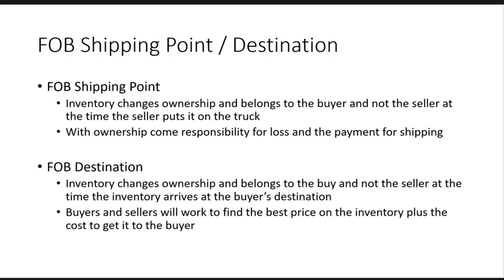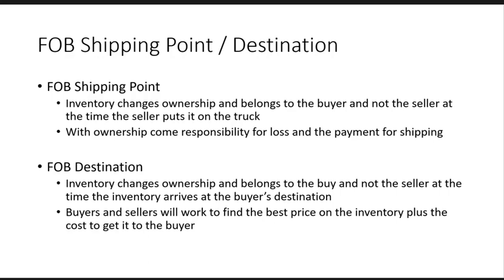In FOB shipping point, the inventory changes hands at the point that it's shipped. So when I put it on the truck to be shipped, that's when it transfers from me, the seller, to the buyer. FOB destination is just the opposite. When I put it on the truck, it's mine the whole way until it gets to the customer at the destination.